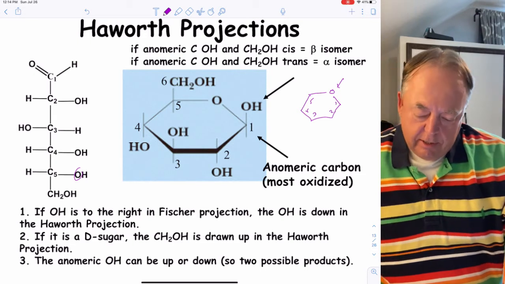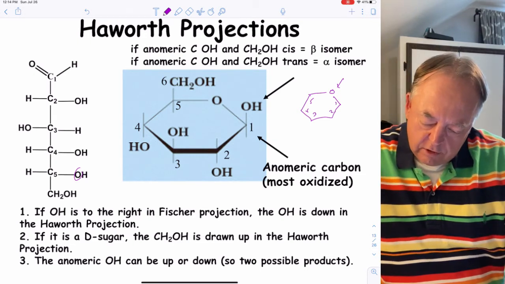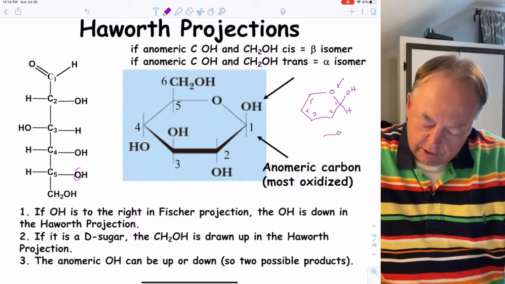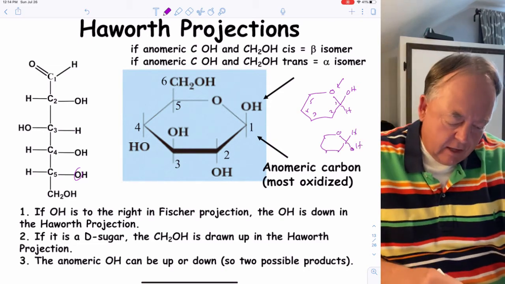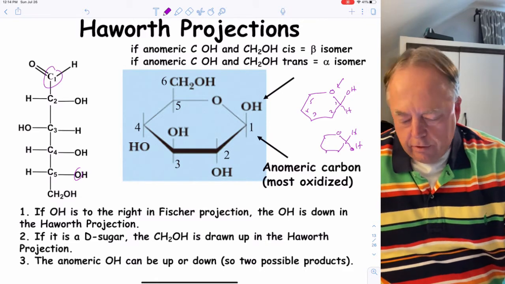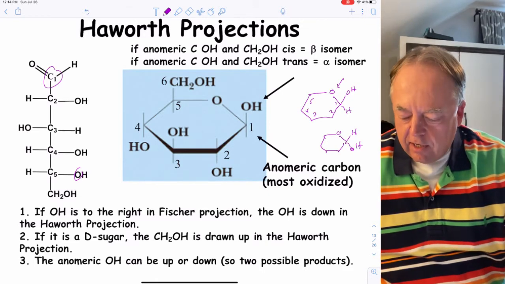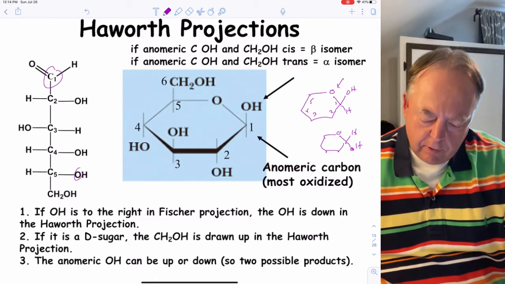The stereochemistry at carbon 1 could vary. The OH could be up, or the OH could be down, because that came from the aldehyde carbon, which is not chiral. When the OH attacks it, it becomes chiral, but you have to get both stereoisomers possible there.